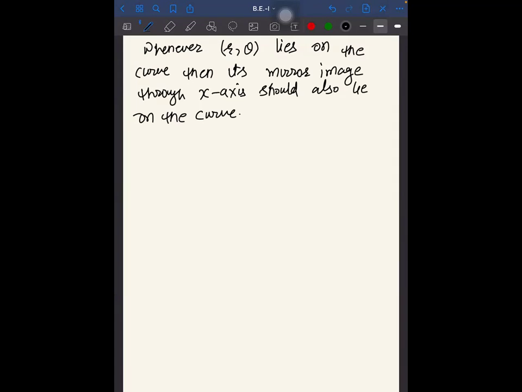Now think: you have a point here, and you mark it as (r, theta), and that point is, let's say, P (r, theta). So what will its mirror image through the x-axis be? Can anybody tell me?